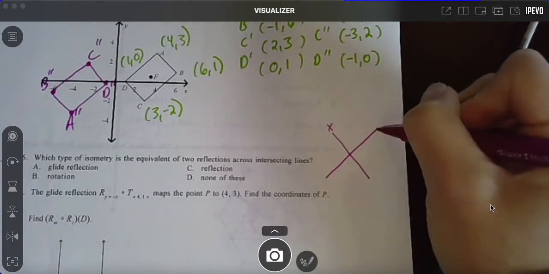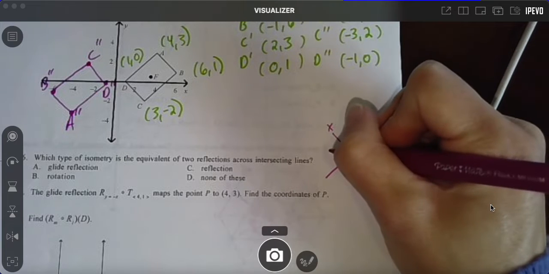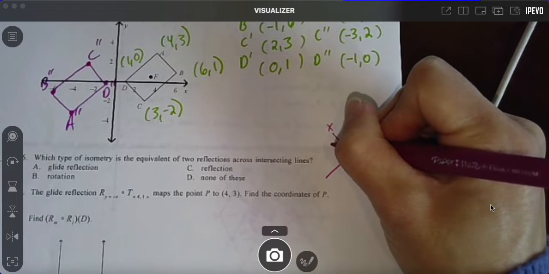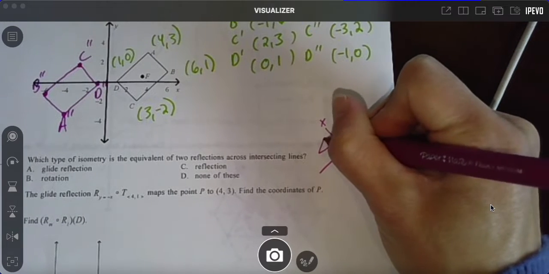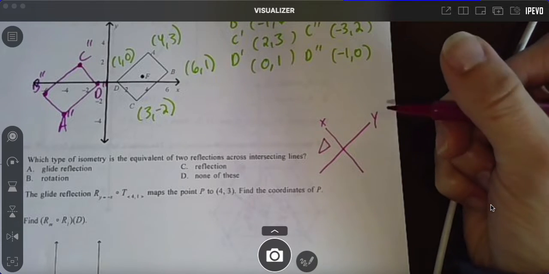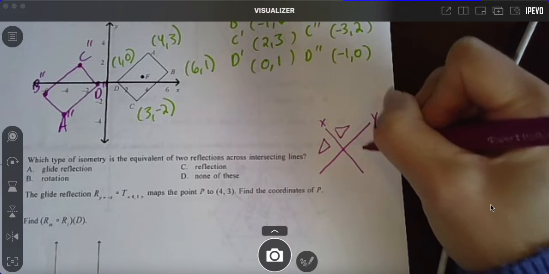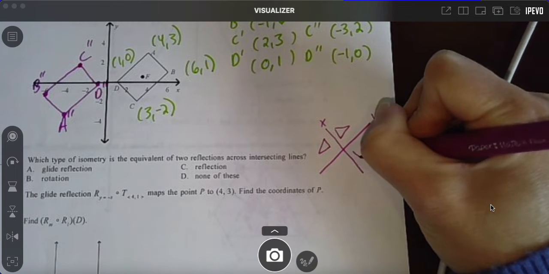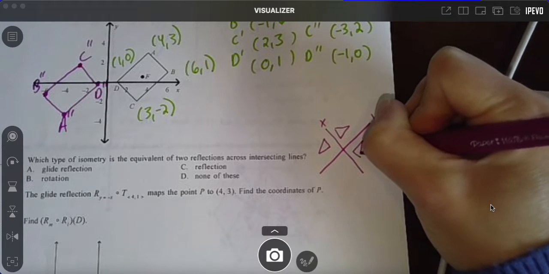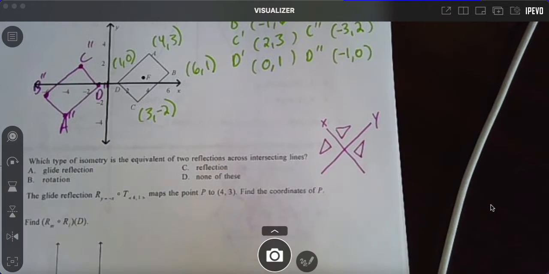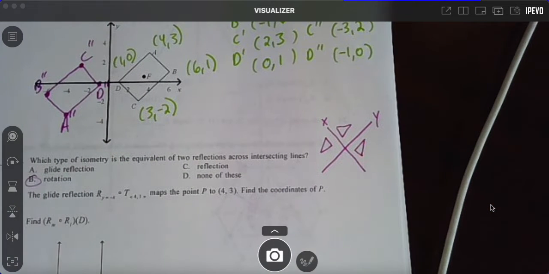We'll call this line X and Y. If I drew a triangle and it says two reflections, if I drew it on this side, it would look like this. And if I drew it on this side, it would look like this. It's actually a rotation. That's hard to tell on mine, but it is a rotation. I probably won't put that one on there.